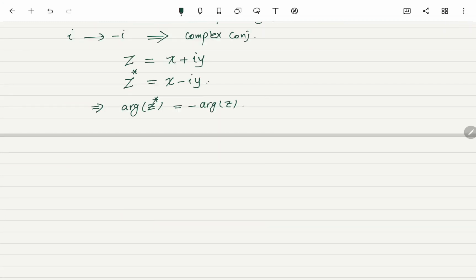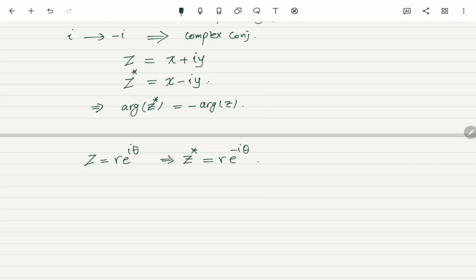Using the polar form of z, so z here equals r e to the i theta. Now the complex conjugate here equals r e to the, rather than using i, we should use minus i theta.